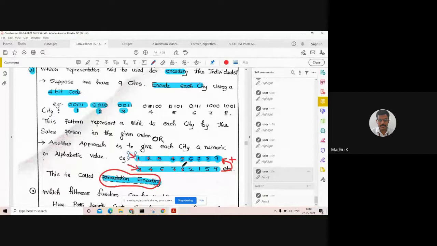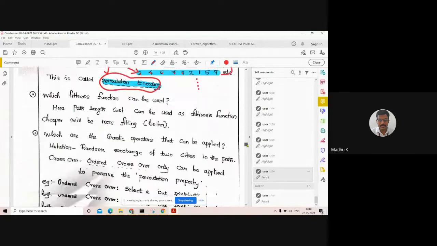That is, we use the same city numbers in a different order, and in this way I can find different solutions. Basically, I can create n factorial solutions. So in the case of TSP, permutation encoding is the most suitable encoding scheme, because each solution path should be different.